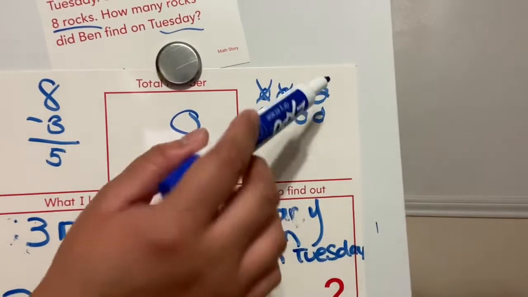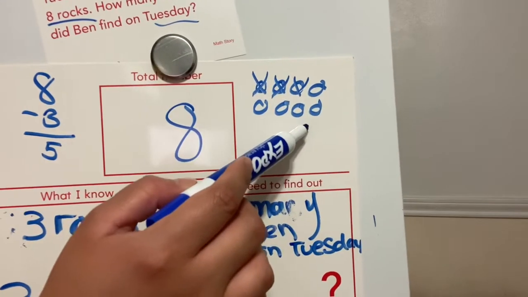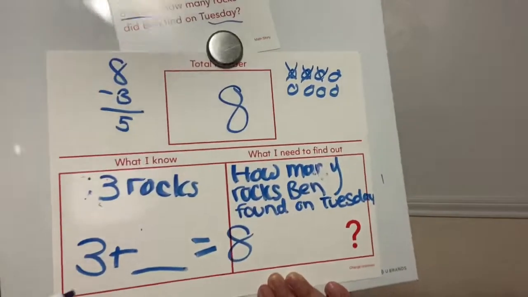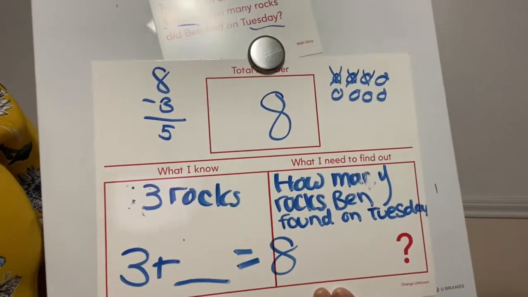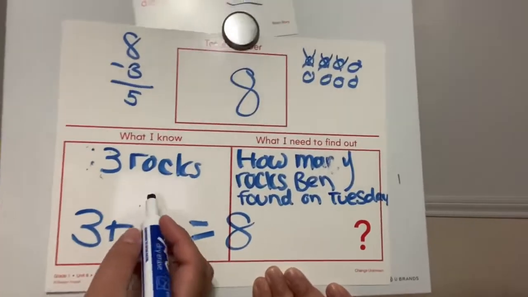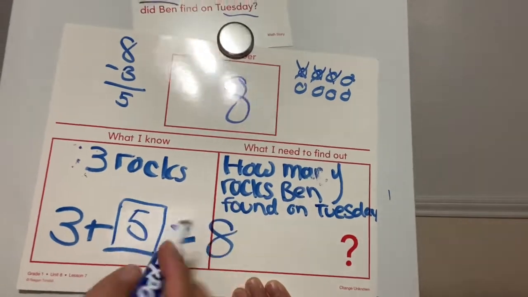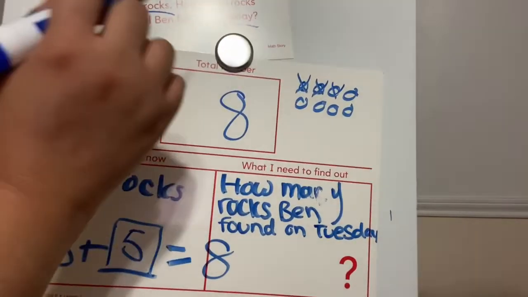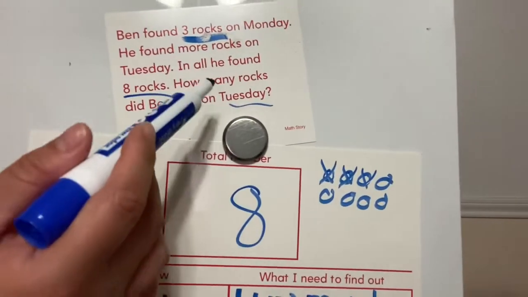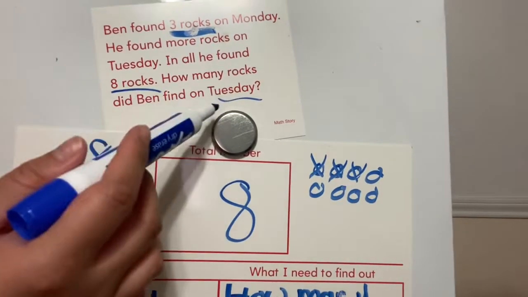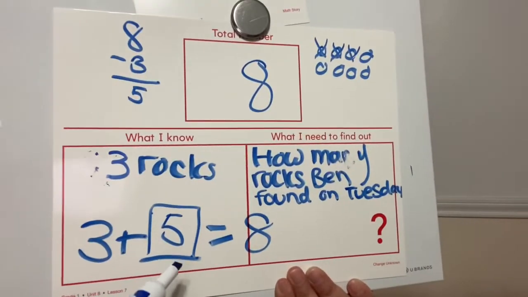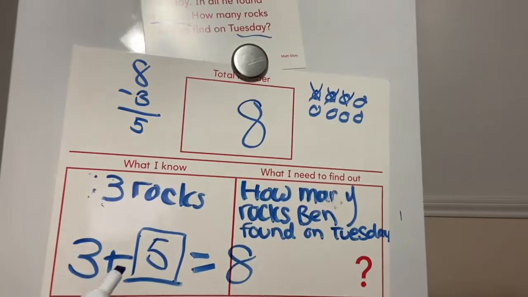I'm going to count them. 1, 2, 3, 4, 5. So I have 5 left. That means 5 is that missing number right here. Now, let's look back at our question. How many rocks did Ben find on Tuesday? He found 5.